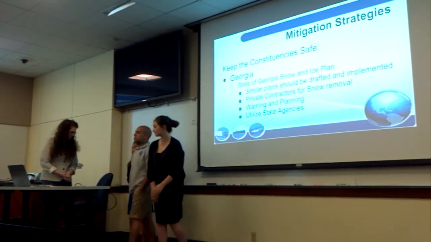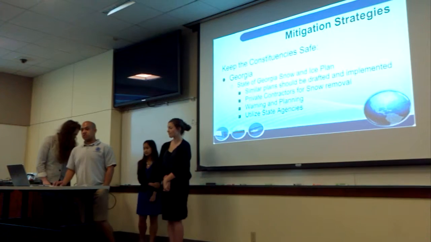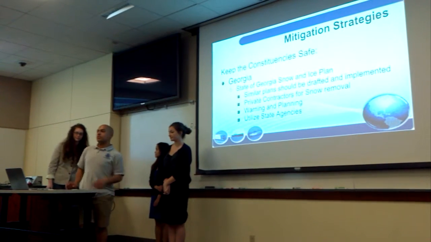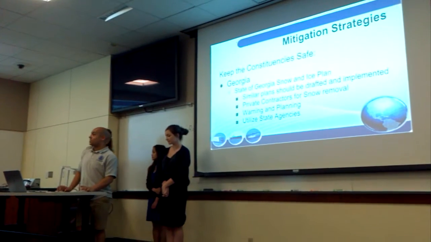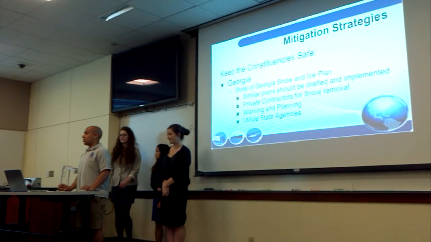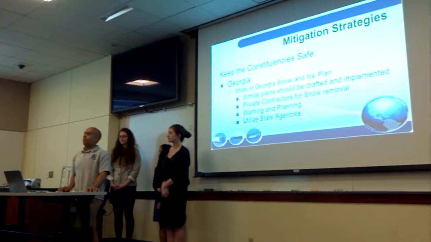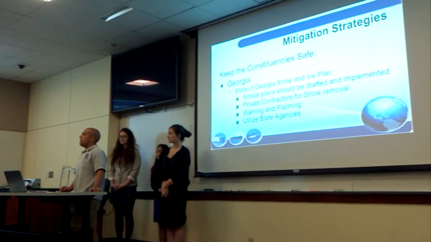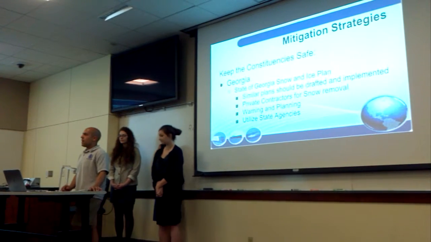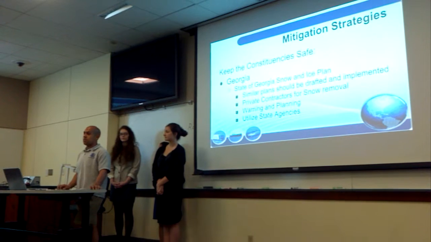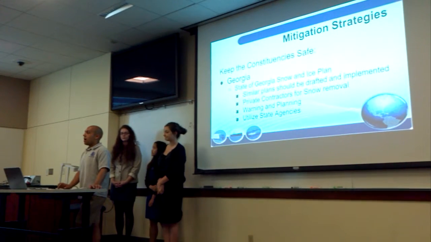So to speak a little bit to mitigation strategies in a situation such as this, we look at Georgia. Even though they did not implement the strategies that they had in their state of Georgia snow and ice plan, the strategies that they had described in that plan were actually really good ideas. Something other states could do is have similar plans drafted up and implemented in their own states.